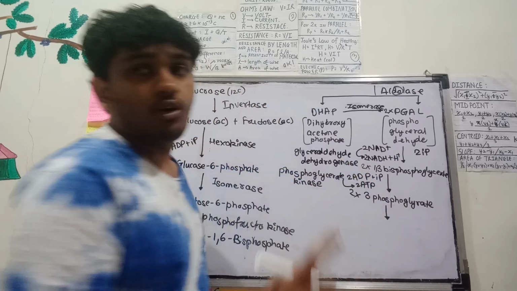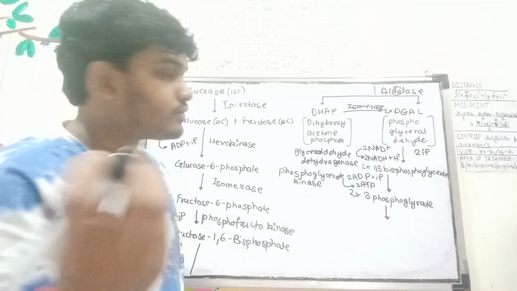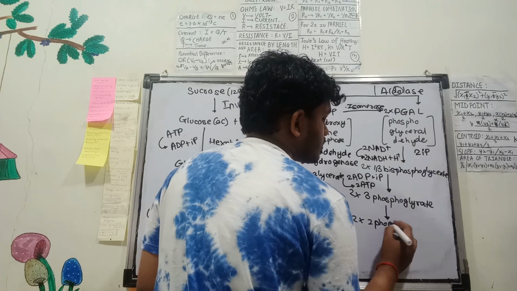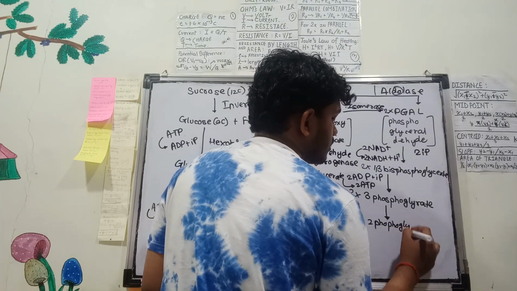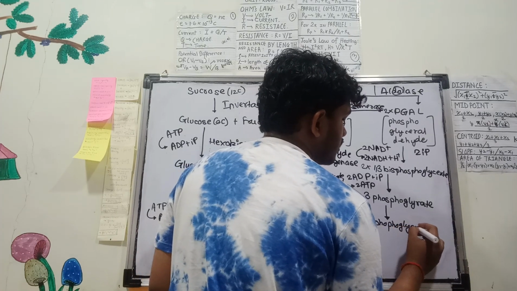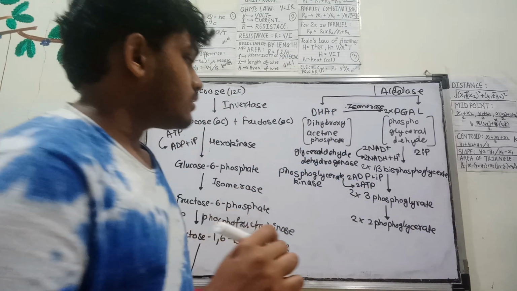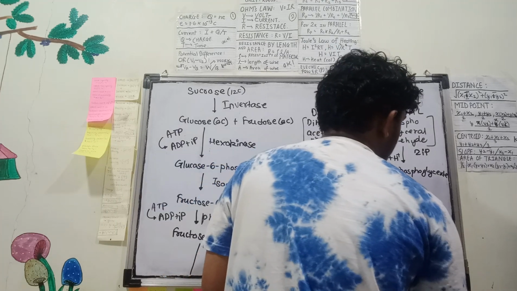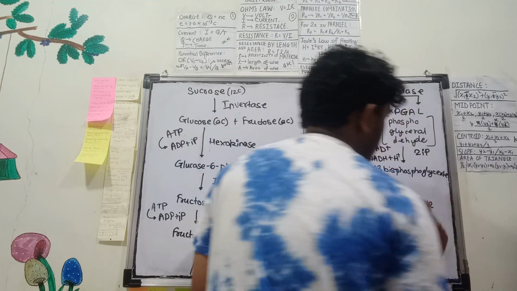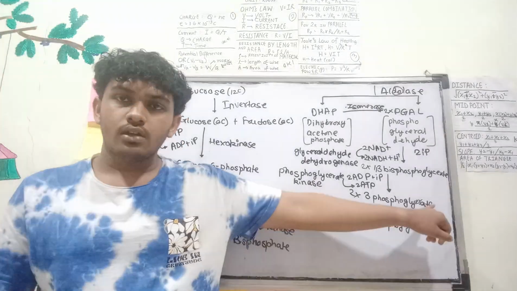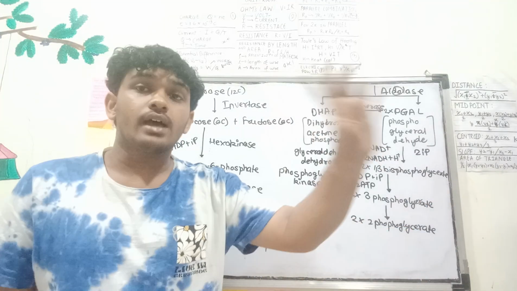Now the next compound formed is just an isomer of this compound, that is 2-phosphoglycerate. One thing I would like to say is that wherever I am writing glycerate, in NCERT it is given as glyceric acid.